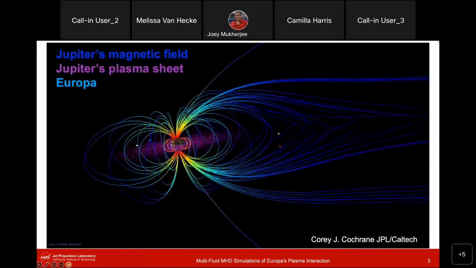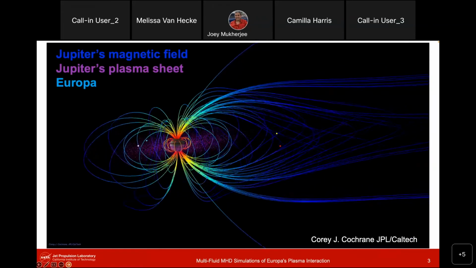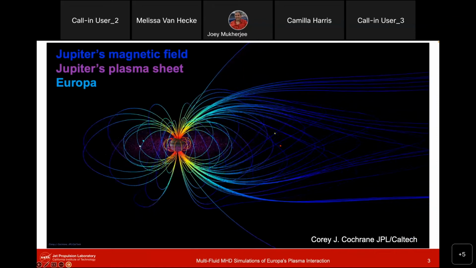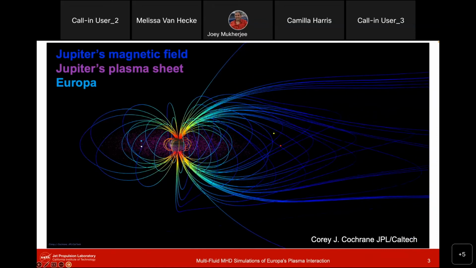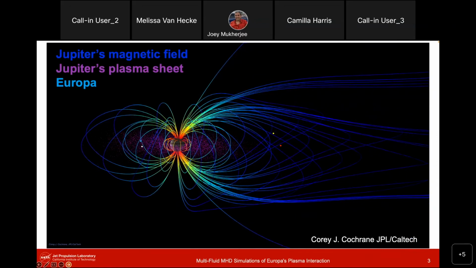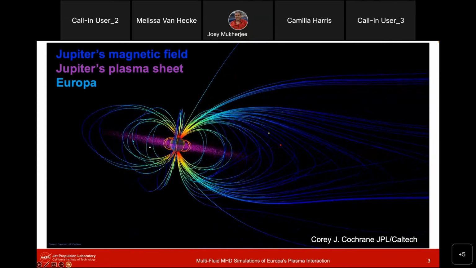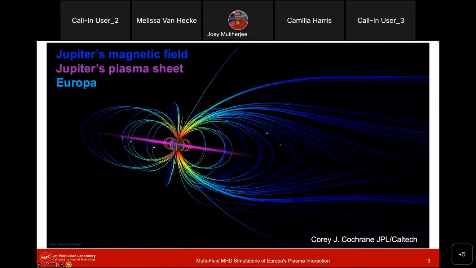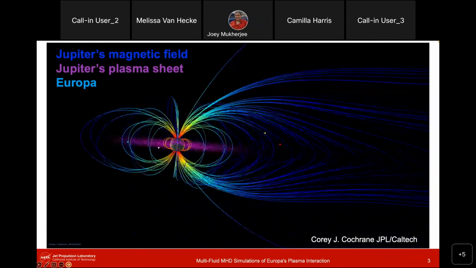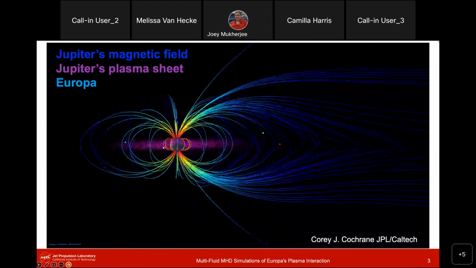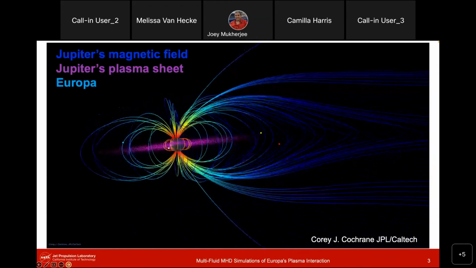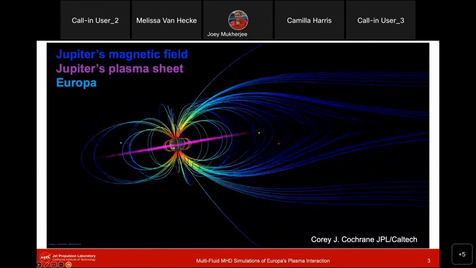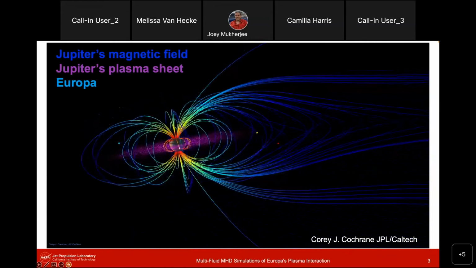So this animation was created by Corey Cochran at JPL. It's a simplified model for Jupiter and the magnetic field of Jupiter's magnetosphere. What you see is that the magnetic field is represented with these armature wires, and the strength of the magnetic field is in color on the wires.